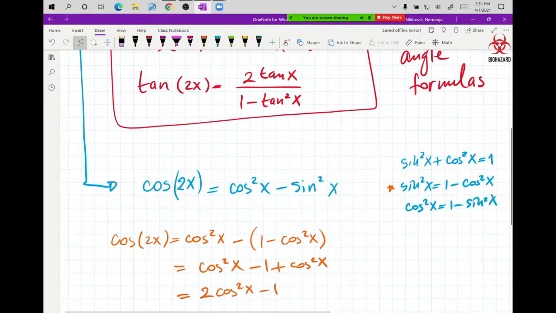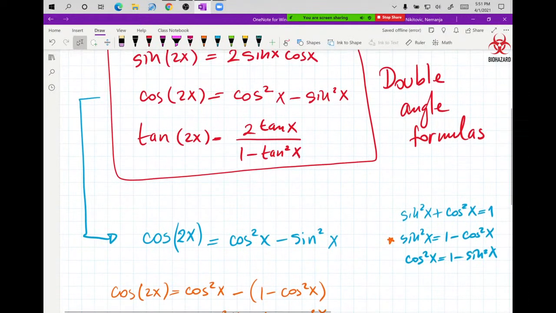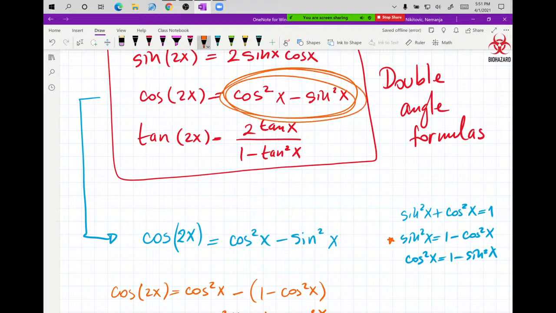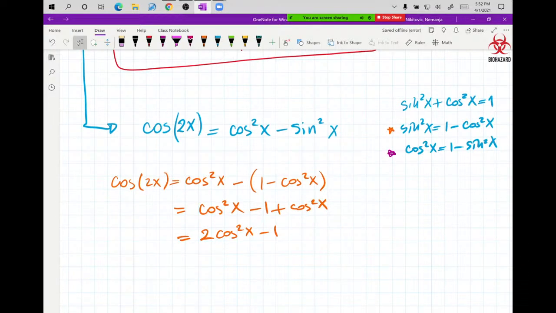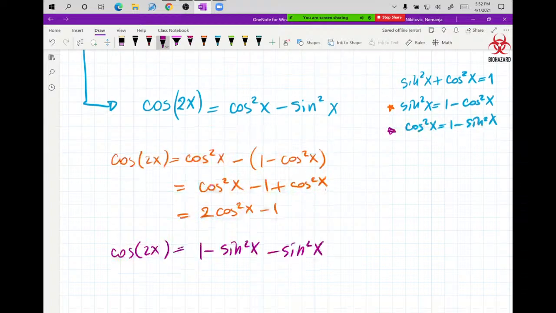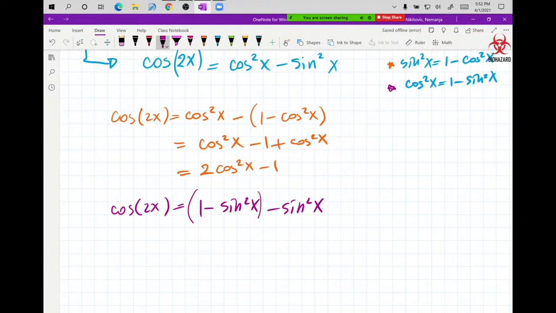So now I have this formula for double cosine, which says cosine squared minus sine squared. But then I also have this for the same double angle. And if we replace this one, you get that the cosine of 2x equals 1 minus sine squared x minus sine squared x, which is cosine squared minus sine squared.